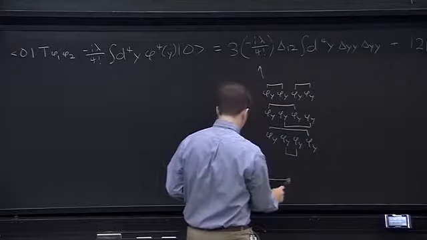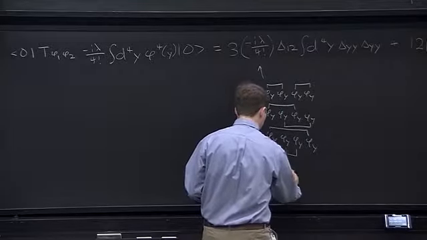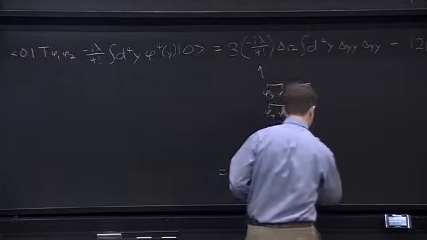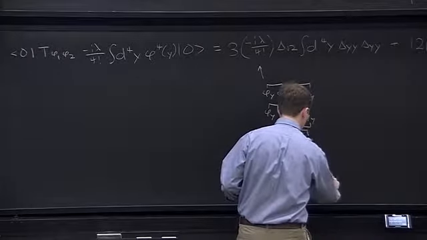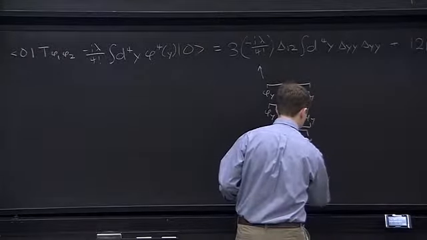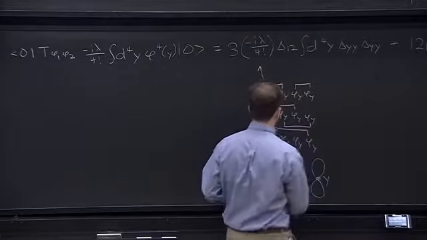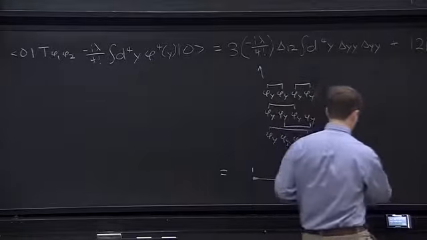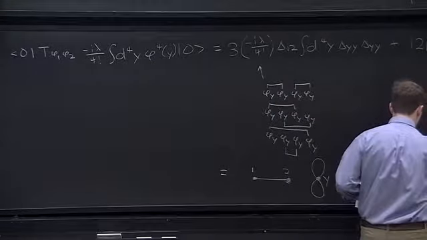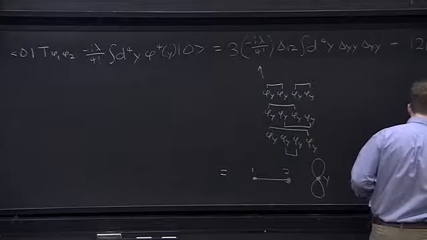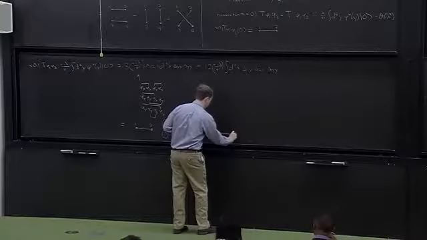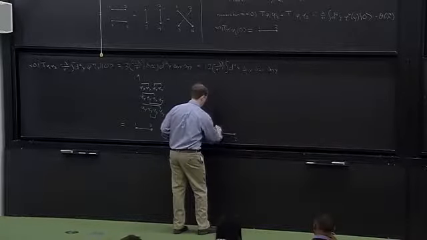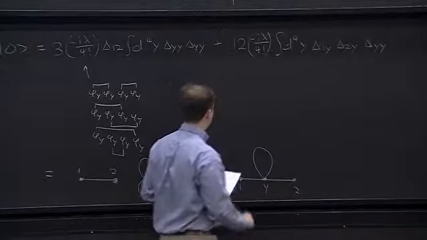So this first term, we have a propagator from 1 to 2, and 2 propagators from y to y. So we can represent the first term as this Feynman diagram, and the second term has a propagator from 1 to y, from 2 to y, and from y to y.